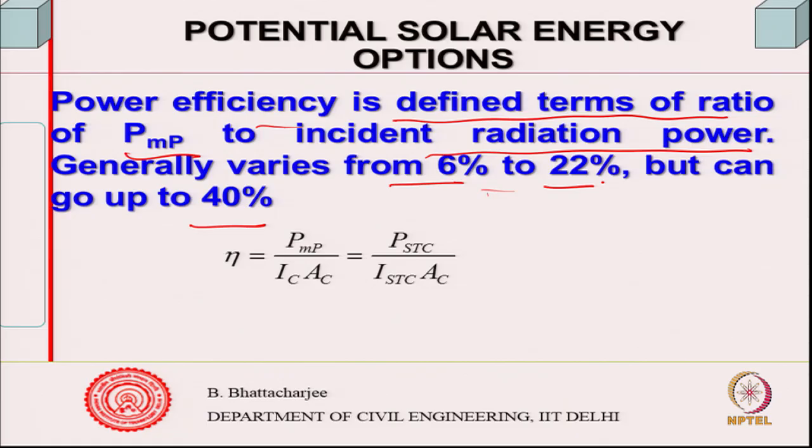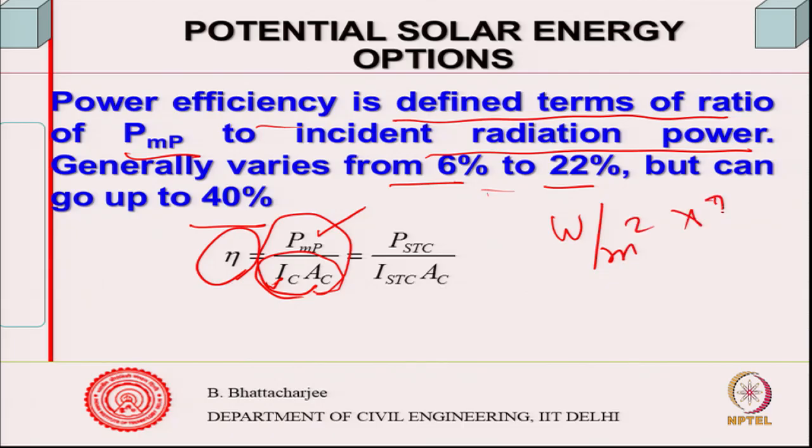So, first let us look at the definition. This is the efficiency corresponding to maximum power condition, right, the electrical power you can get, divided by incident radiation multiplied by area, because this is in watt per meter square multiplied by meter square area. So, area of the cell and incident radiation on it, and maximum power generated, this is the maximum power efficiency.